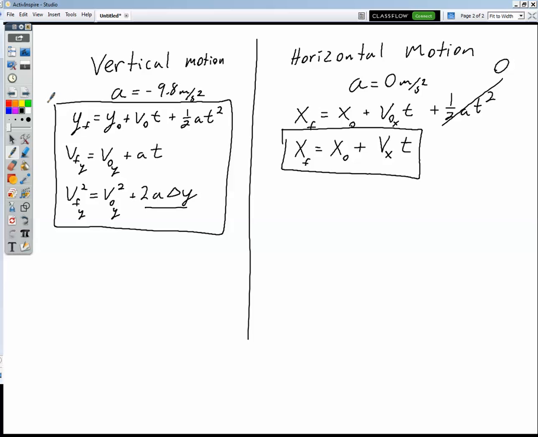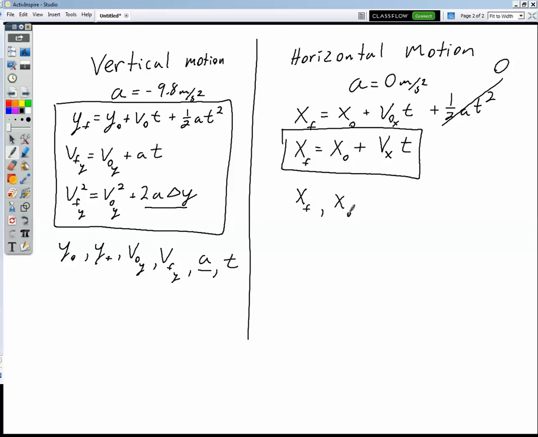So as a result, vertically, we've got all 6 of the variables that we've classically used. We've got y naught, we've got y final, we've got v naught, and I'm specific here, in the y direction. We have v final in the y direction. We have a, and we have t, remembering that a is always negative 9.8 here. Over here in the x direction, we only have 4 variables we have to worry about.